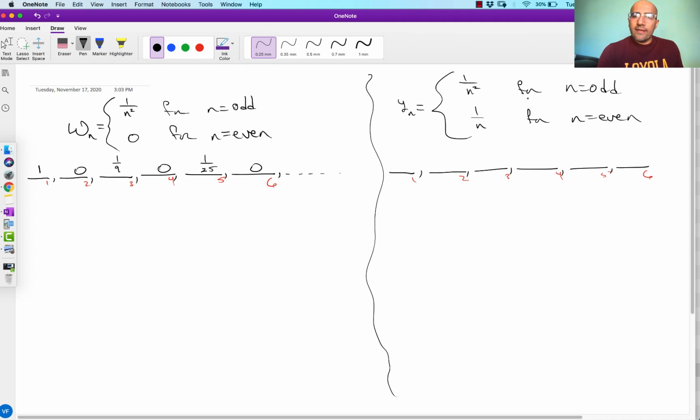When n is an odd number, it's 1 over n squared, so that'll be 1, 1/9, 1 over 25, and let's throw in one more, 1 over 49.